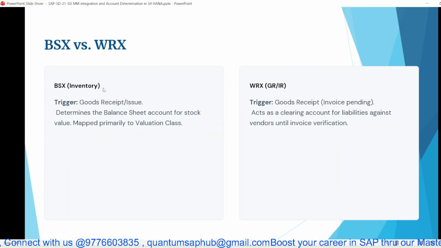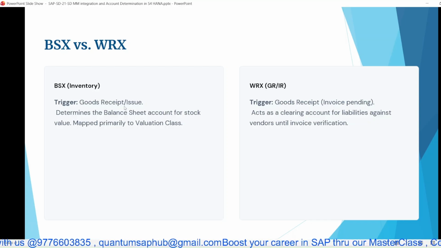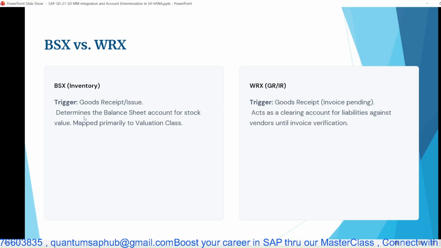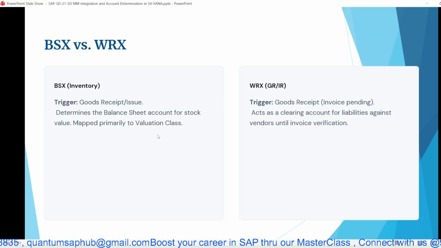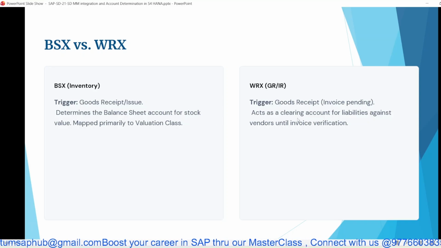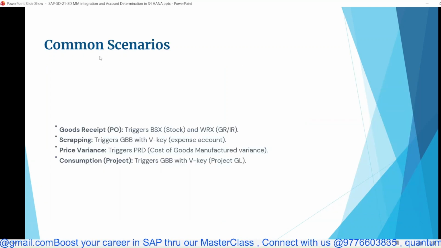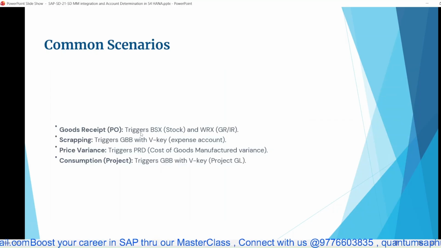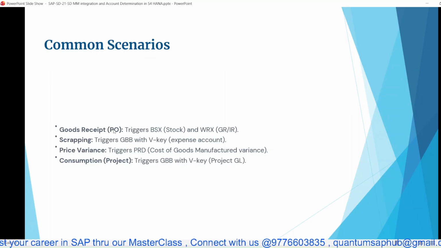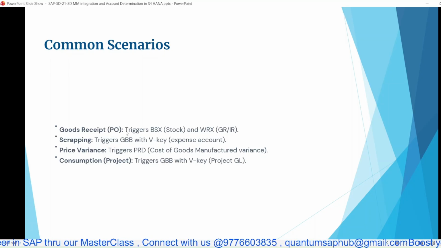BSX is the transaction key for inventory. Whenever you have a goods receipt or issue, you will have this. Now coming to goods receipt invoice receipt, it acts as a clearing account. Common scenarios: when goods are received through a PO, it triggers BSX and WRX, so we can receive with GR/IR posting and it will stock.